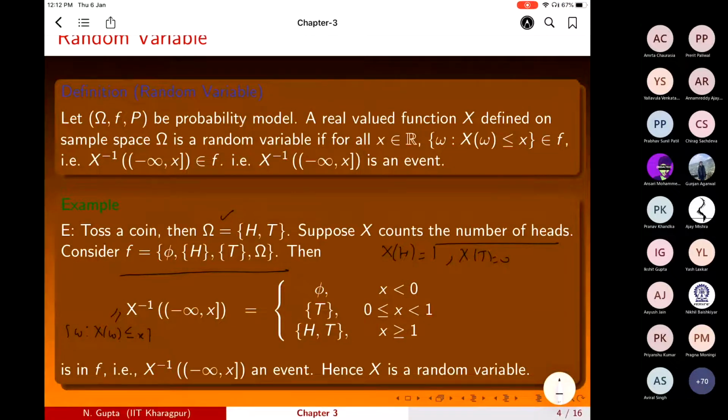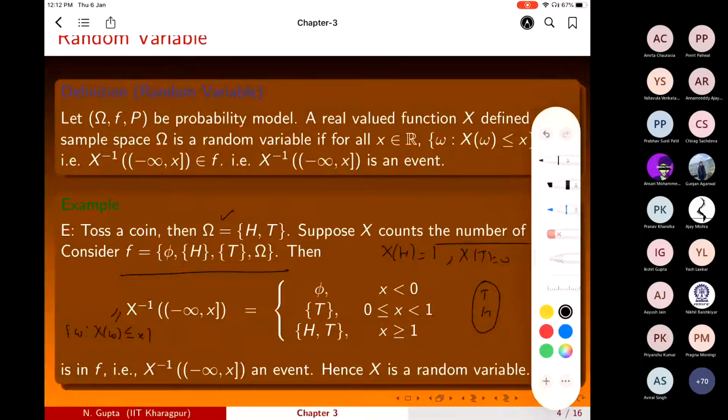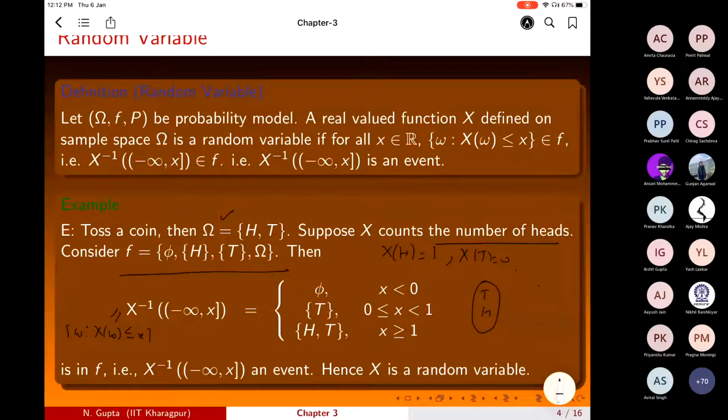Because you know that if we have T and H, then correspondingly if we apply X, we will have 0 and 1.